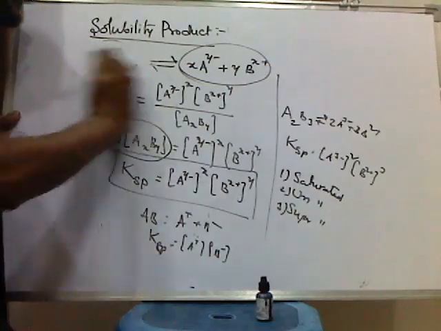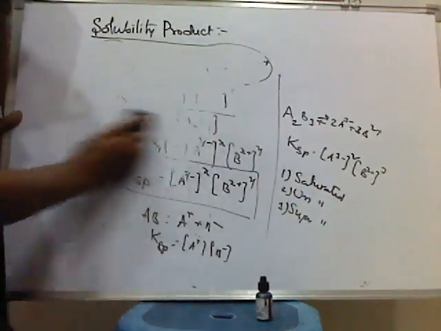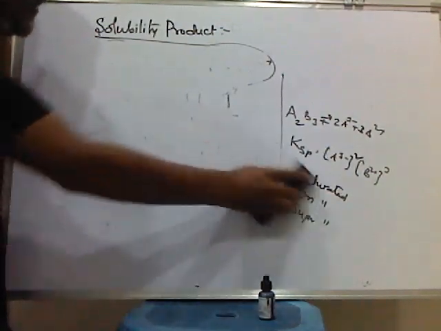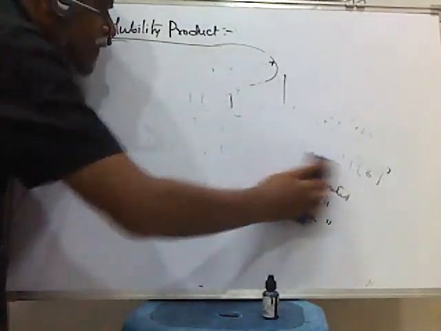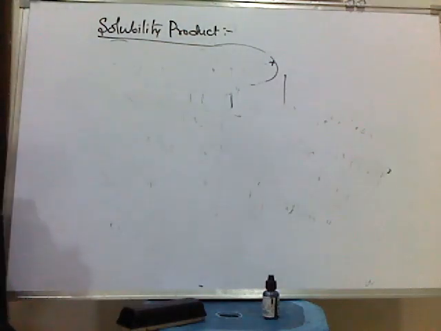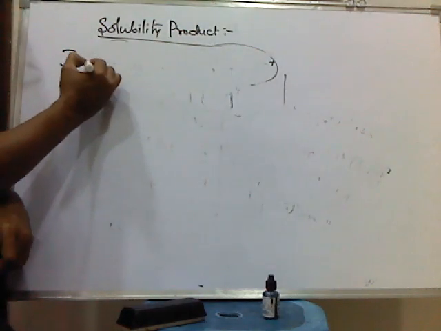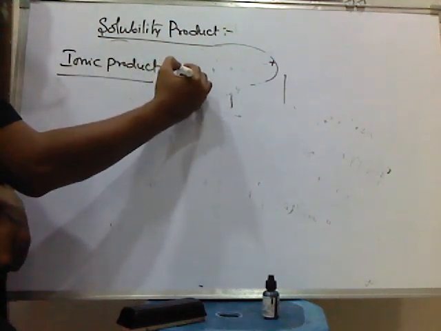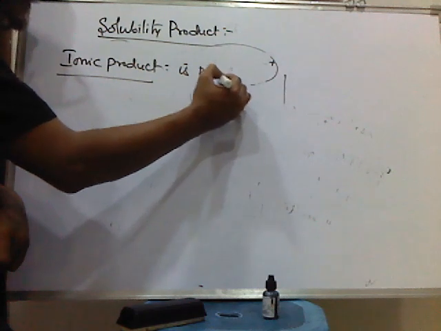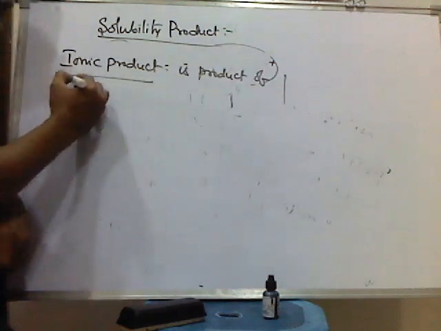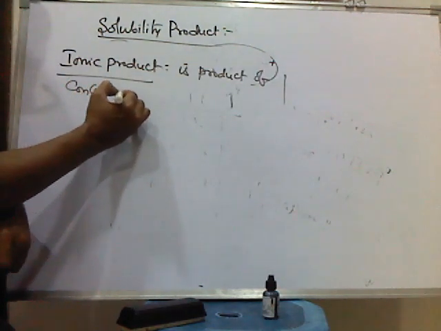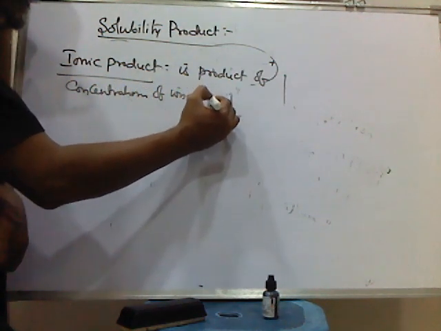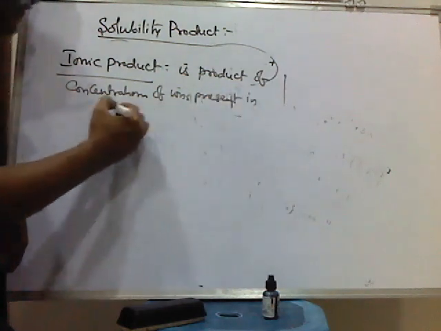Now let me explain one more term, the ionic product. I have already discussed the ionic product of water, which is the product of the concentrations of ions present in water. Ionic product is the product of concentrations of ions present in a solution.